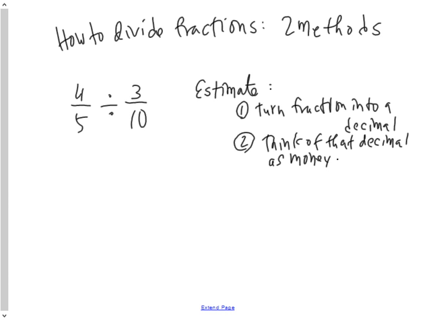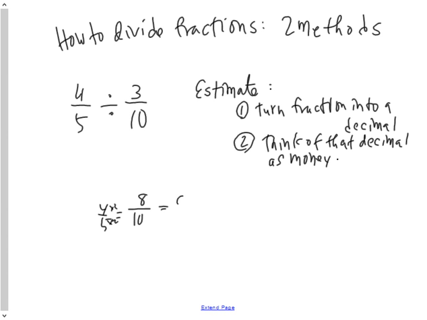So what do I mean by that? Well, let's look at this first question. 4/5 divided by 3/10. Now, if I'm thinking what is 4/5 as a decimal, you learned back in grade 7 that if you make a fraction into an equivalent fraction out of 10, 100, or 1,000, so in this case, the equivalent fraction is this number.